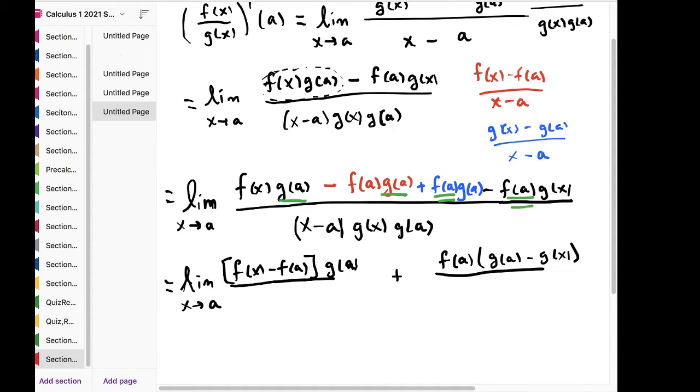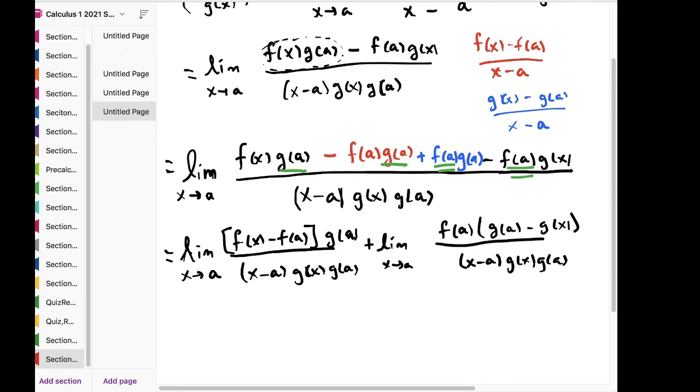So then they're both over x minus a, g of x, g of a, and of course there's a limit here. Okay, so now take the limit.